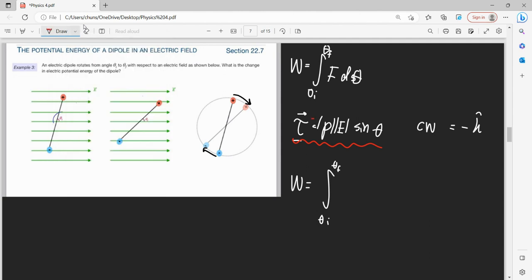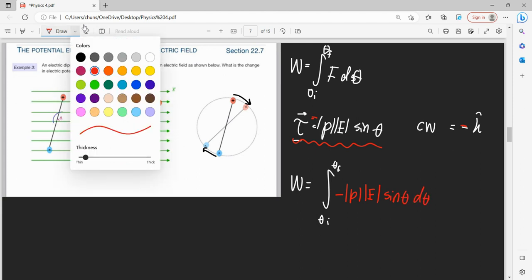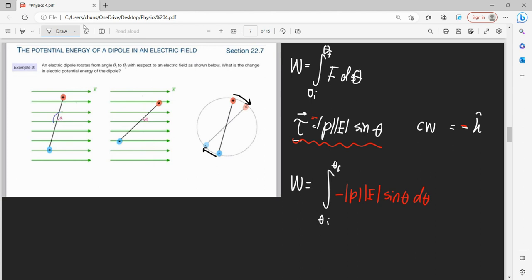And then we're going to plug this in. So this is negative because of our rotations. This is negative dipole moment times electric field. Okay, and when we integrate that, we can kick these two out.